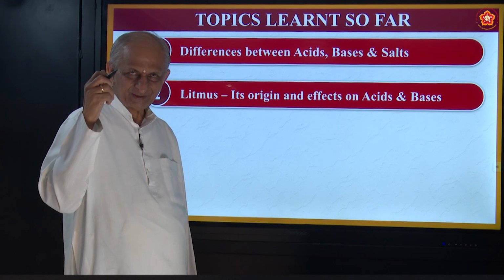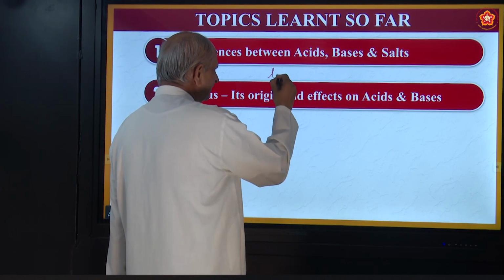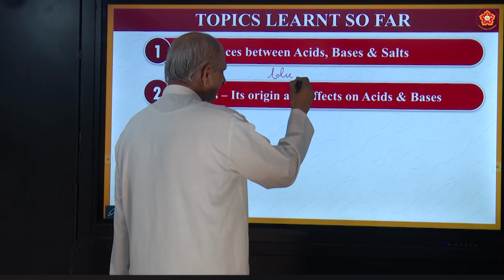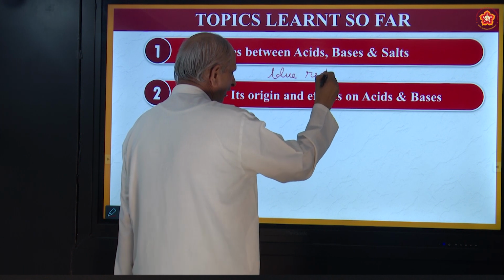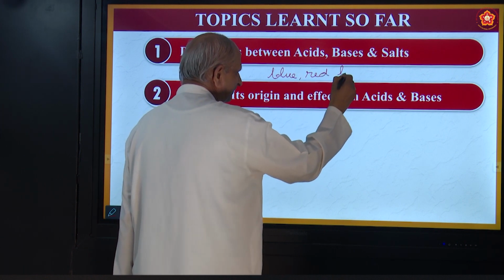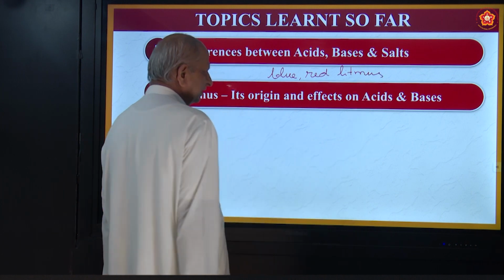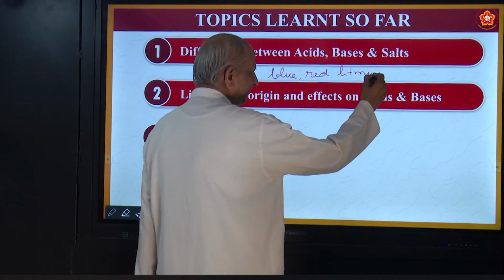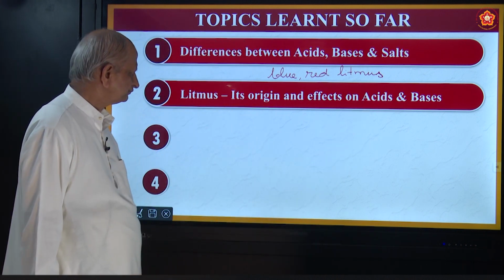One is blue litmus, another is red litmus. They are available in the form of a paper or solution.